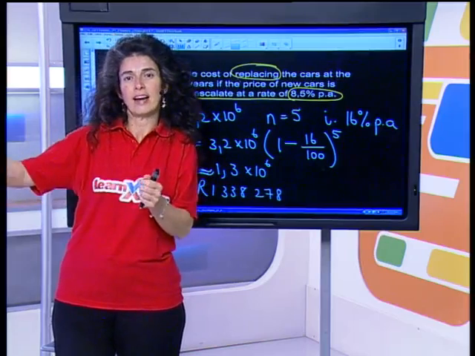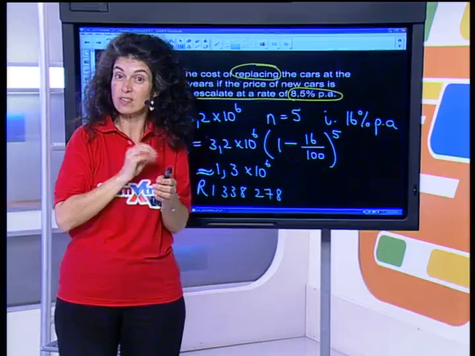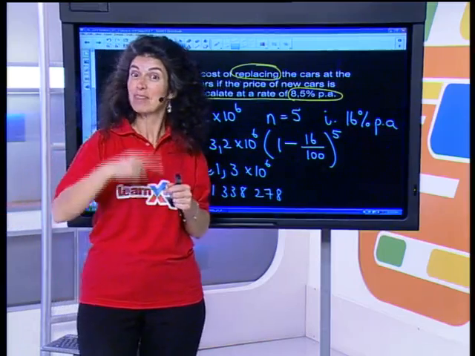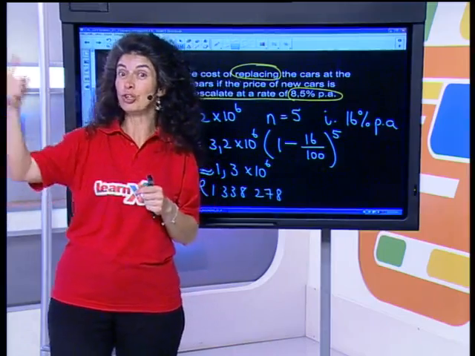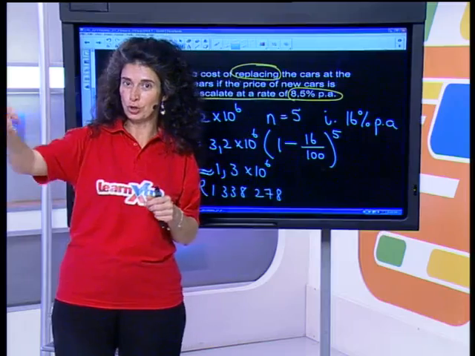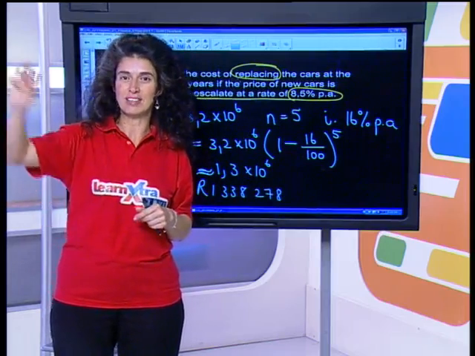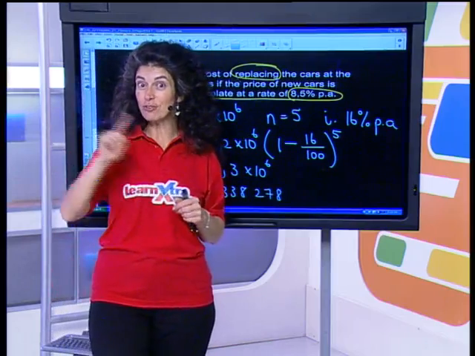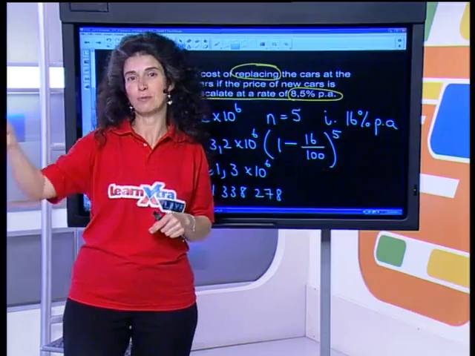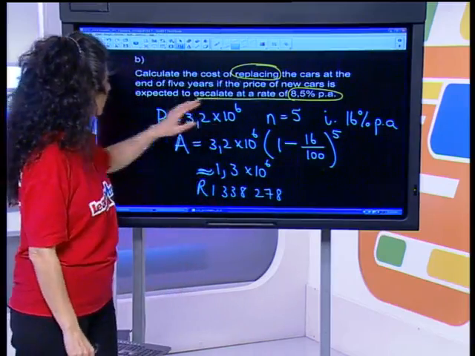In 2019, 5 years from now, that car that we have purchased is going to decrease in value. But companies are continuing to make new cars. So the ones that are being made new for 2019, they will increase in value. So by the time we get to 2019, the ones that cost us now 3.2 are going to be costing us a lot more. So that's what this question is about.